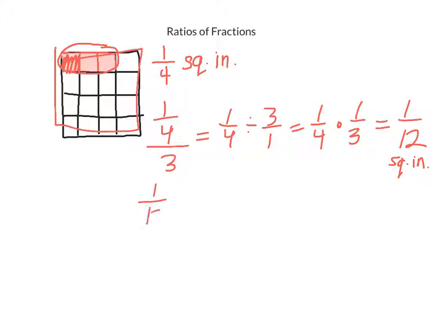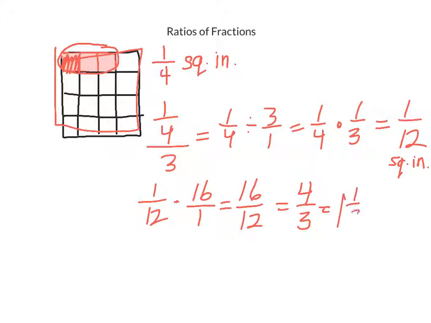So 1/12 times 16 over 1. Well, that equals 16/12. 4 goes into both of those, so when we simplify it, it is 4/3, or 1 1/3 square inches.